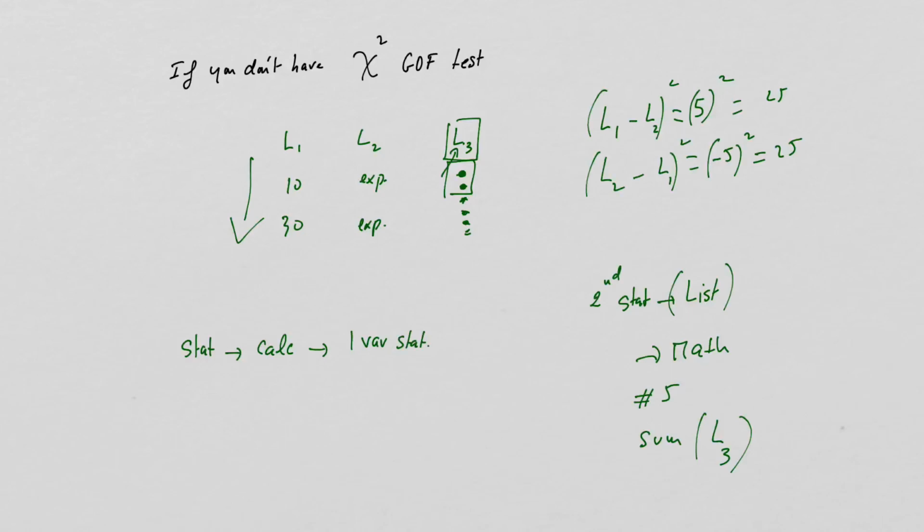And when I click on one var stats, you find the sum, right? Let me try it. Should have done this before I got here. So let's edit. I have L1, L2, and then I go stats, calc, one var stats. No, sorry. You find the sum, the sum of L3 basically, which you already have, and it should give you the chi-squared value.